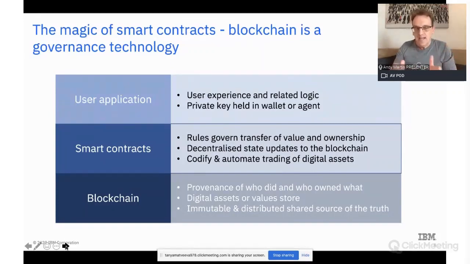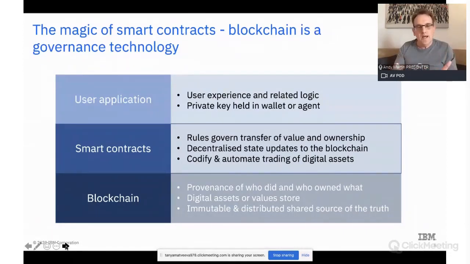The major change at the back end in the blockchain is where we keep a universal state layer of who did what and when, and who owned what and when. The user experience is not particularly changed. You may hold a key to access the blockchain in a front-end application like a wallet, but the user experience isn't particularly changed. But where we start to implement that governance model is in the smart contract.